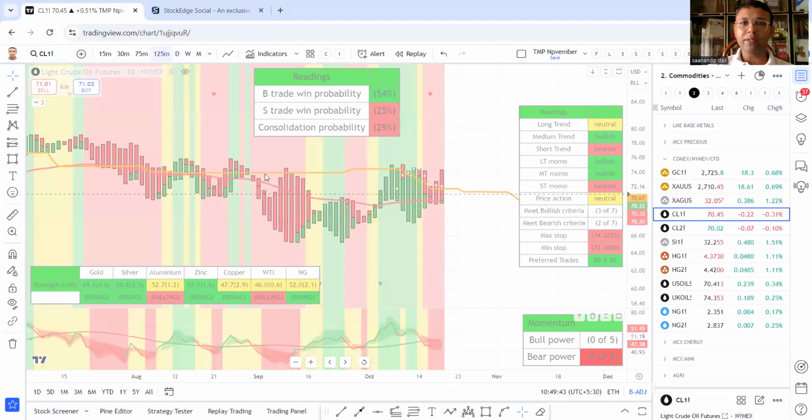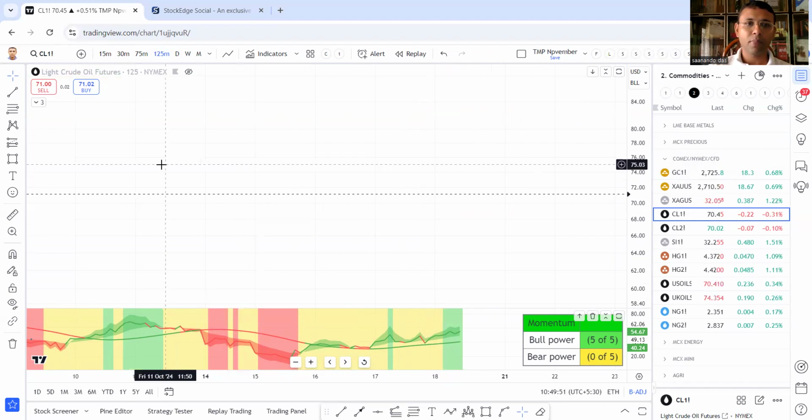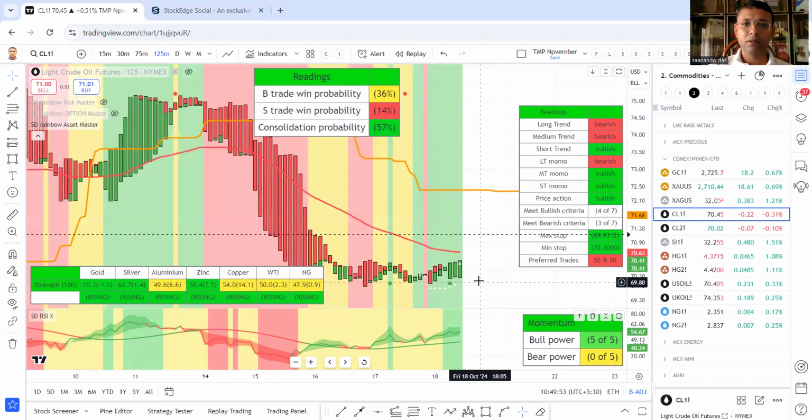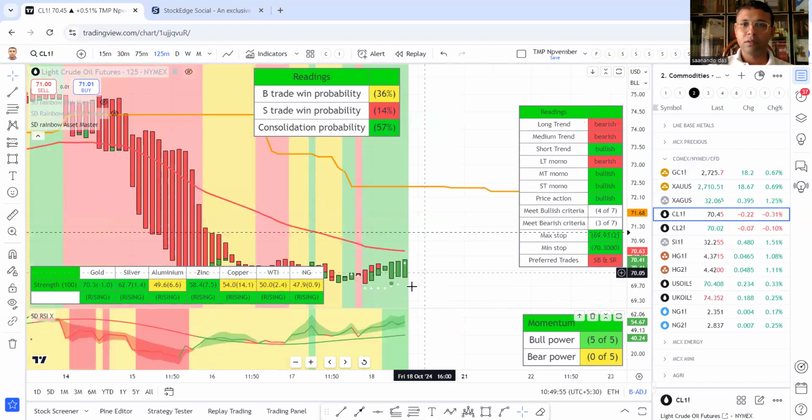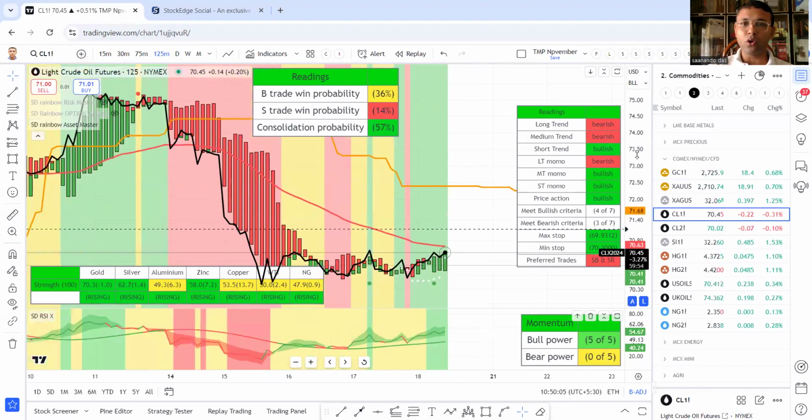Now, when we look at the 125 minutes chart, we can see that crude oil has been showing strength. So this is the first time the candle has gone within the body. This is a first sign that crude is becoming stronger.